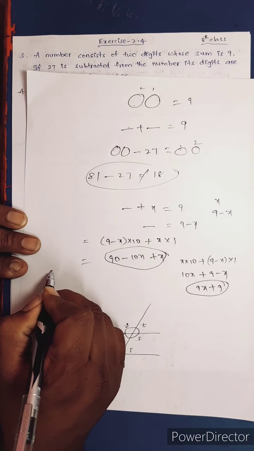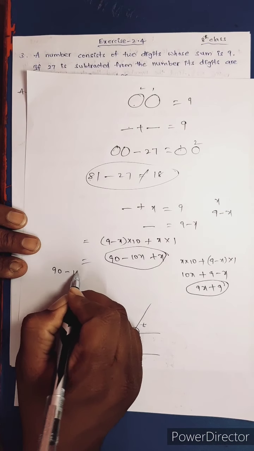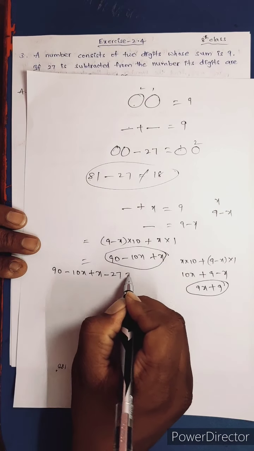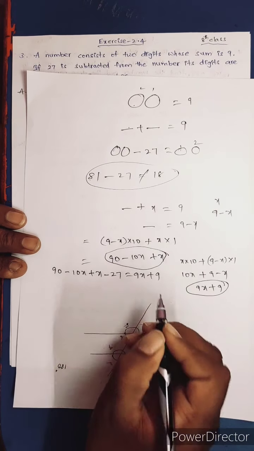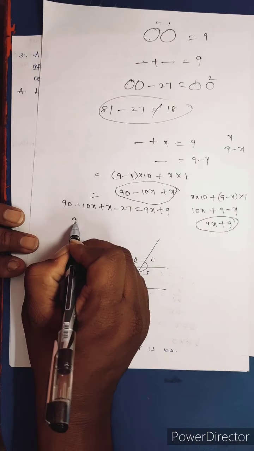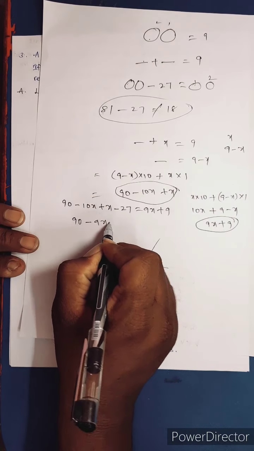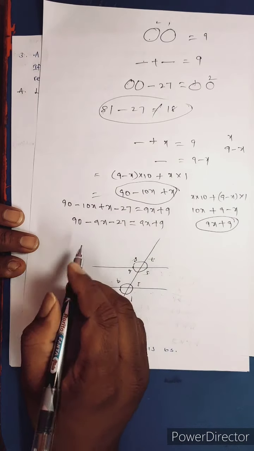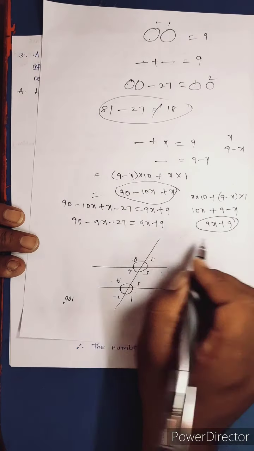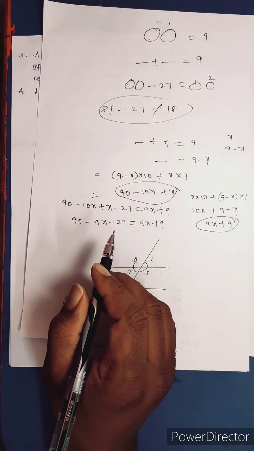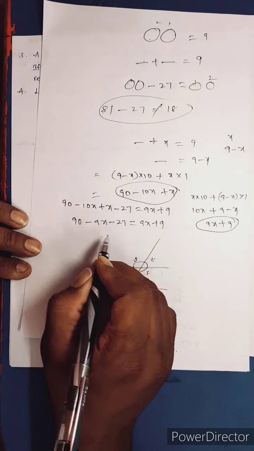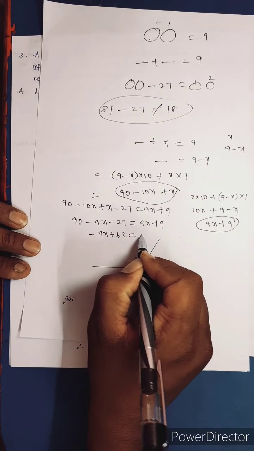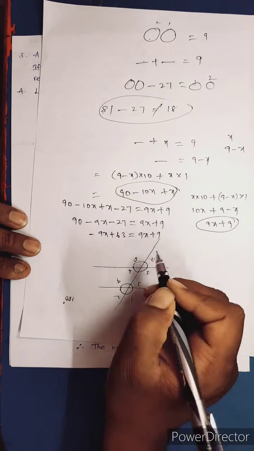With this we can conclude that 90 minus 10x plus x minus 27 is equal to 9x plus 9. See, 90 minus 9x minus 27 is equal to 9x plus 9. Now 90 minus 27 is 63, so 63 minus 9x is equal to 9x plus 9.